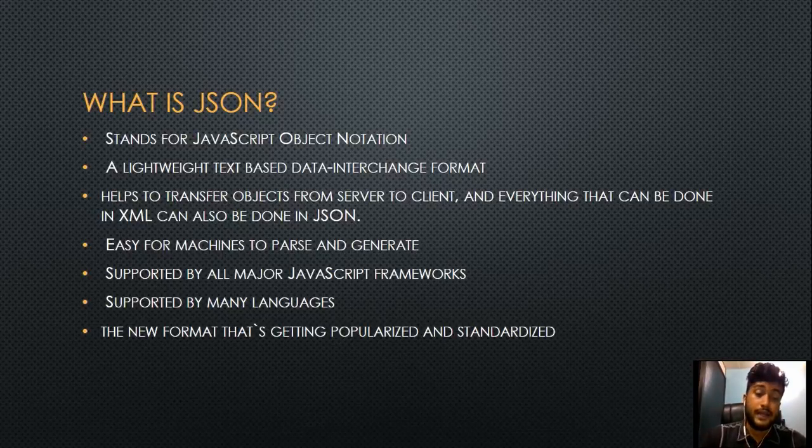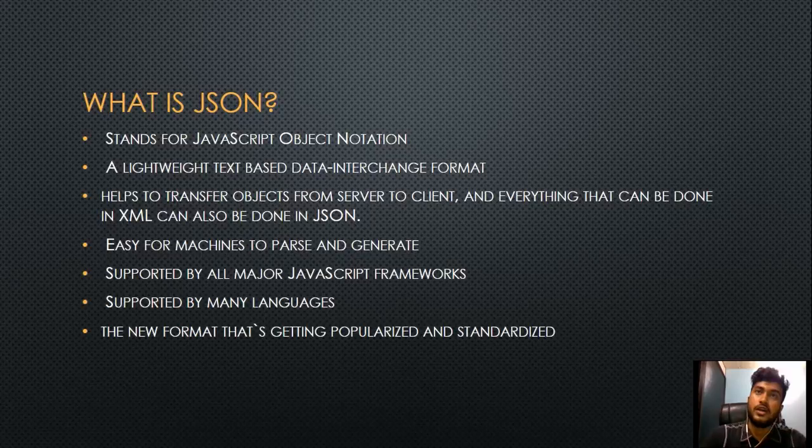JSON helps to transfer objects from server to client, and everything that can be done in XML can also be done in JSON. It's easy for machines to parse and generate, supported by all major JavaScript frameworks, supported by many languages, and it's a new format that's getting popularized and standardized.